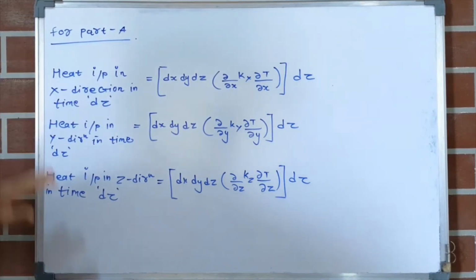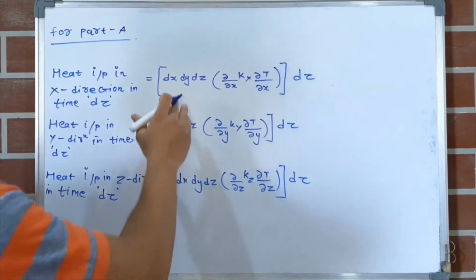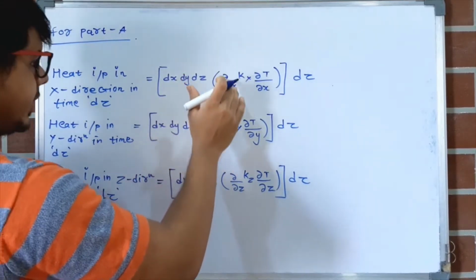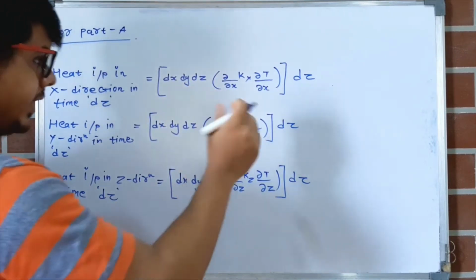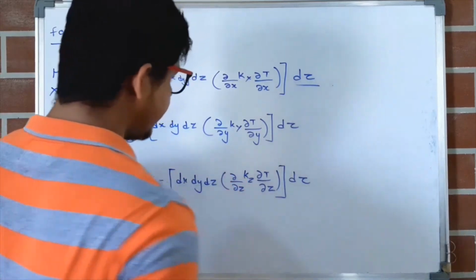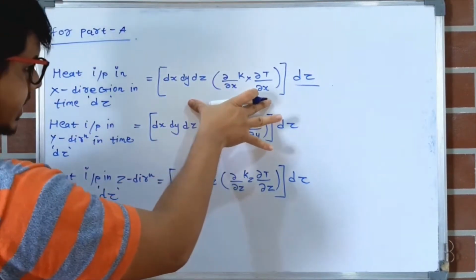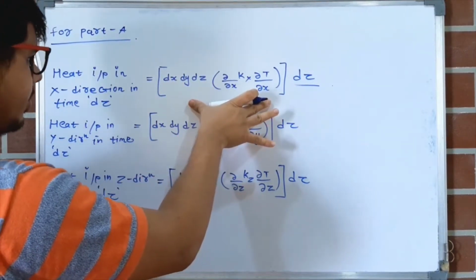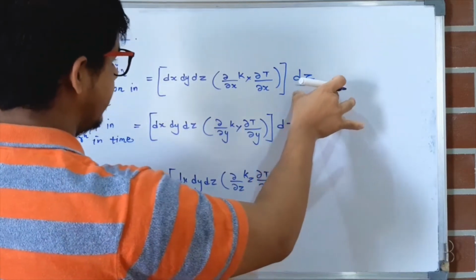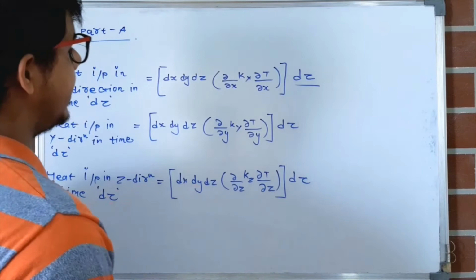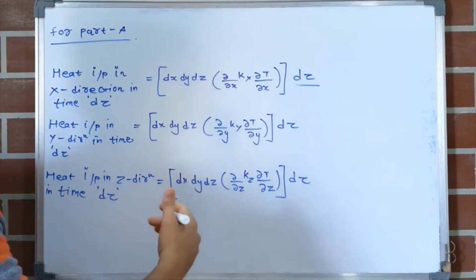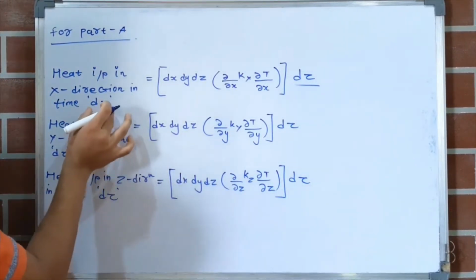So in part A, heat input in the x direction in time d tau equals dx dy dz into del by del x of kx into del t by del x, into d tau. Up to this equation we had derived in the previous video. We just have to multiply by the small time interval d tau to find the heat input in the x direction in time interval d tau.